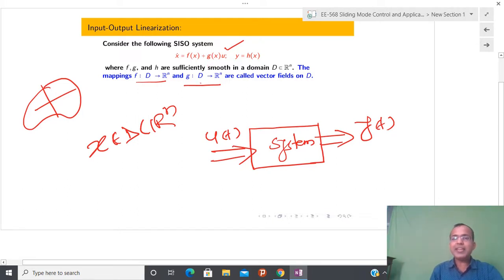If that is the case, then we also call this a vector field. And from here you can try to guess why we call it a vector field, because in the classical way, whenever we talk about some kind of vector quantity, I have some kind of magnitude and a certain kind of direction. And whenever we are talking about rate of change, what is the physical interpretation of rate of change? Anyone?